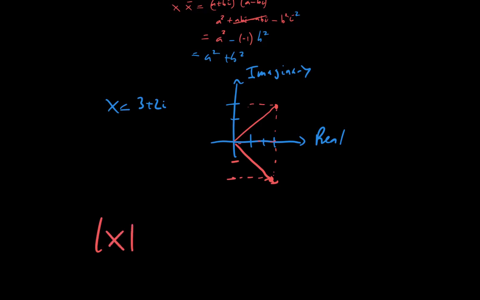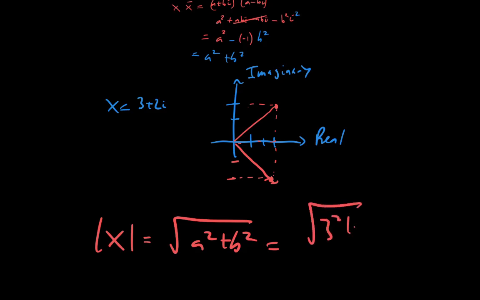The absolute value of x would be the square root of a squared plus b squared, which in this case, if it's 3 plus 2i, is 3 squared plus 2 squared, which is 9 plus 4, or no, not 14, sorry.